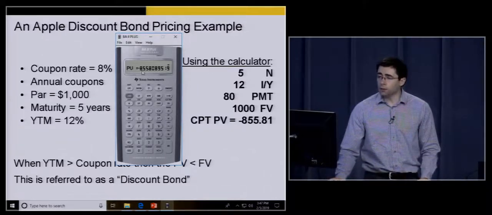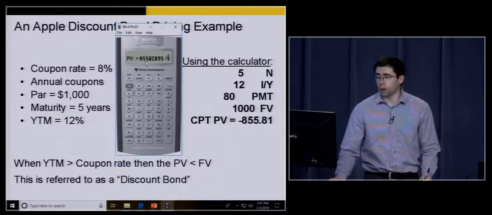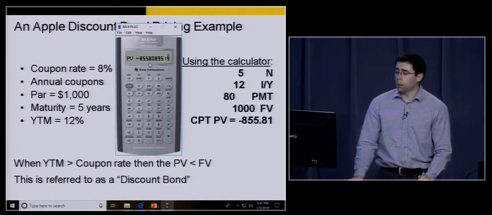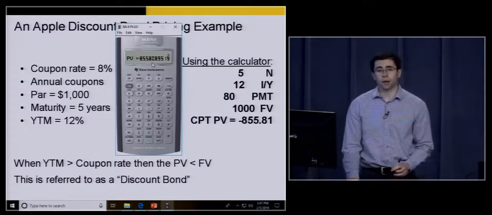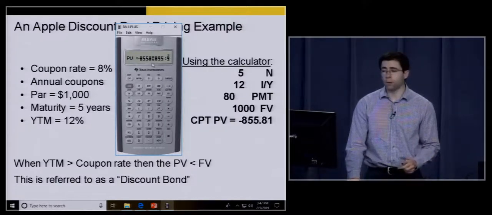Notice that the absolute value of our present value is about $855.81. This is less than our par value of $1,000. Whenever our present value is less than our future value or par value, we have what's called a discount bond, meaning that this bond is selling at a discount to face value.